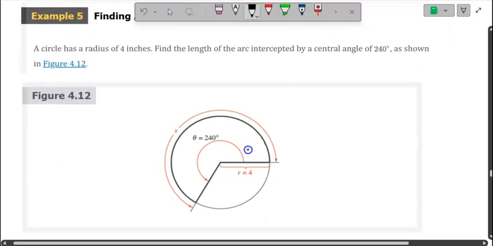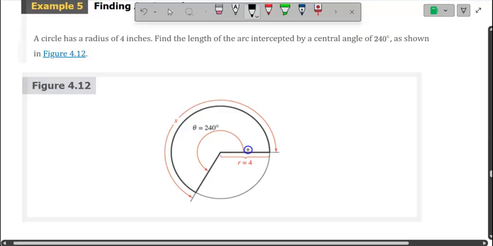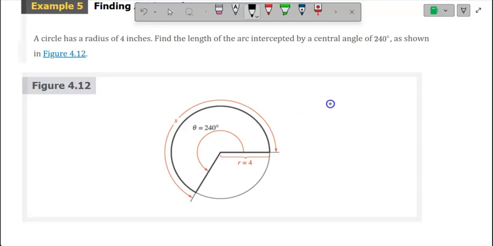And for example, if theta is equal to 240 degrees, you should start with theta first. It equals 240 degrees. Turn it into radians first. So you're going to multiply it by pi radians and divide by 180, right?